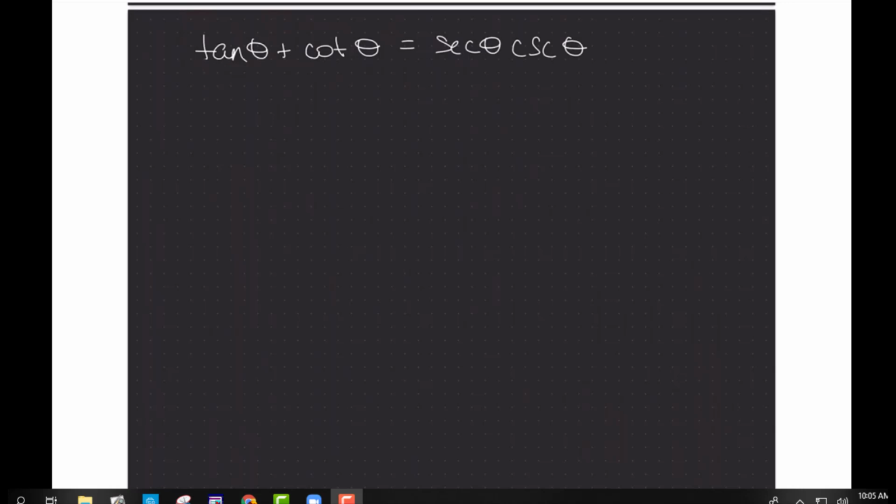Sine theta over cosine of theta. Plus cotangent. What do we want to do with cotangent? Cosine theta over sine theta. And we just want to verify that it equals all the stuff that's on the right that we're not going to change.